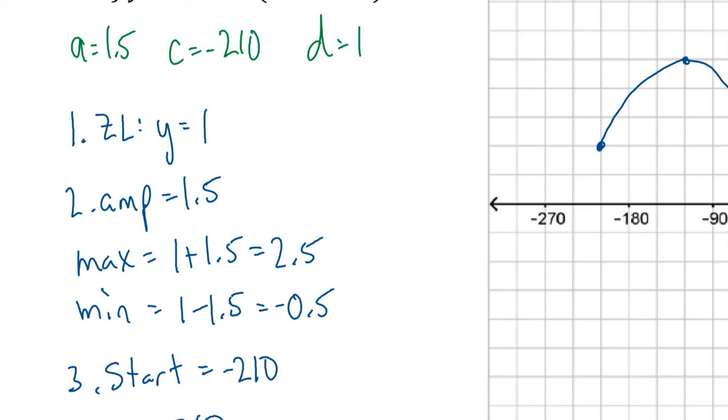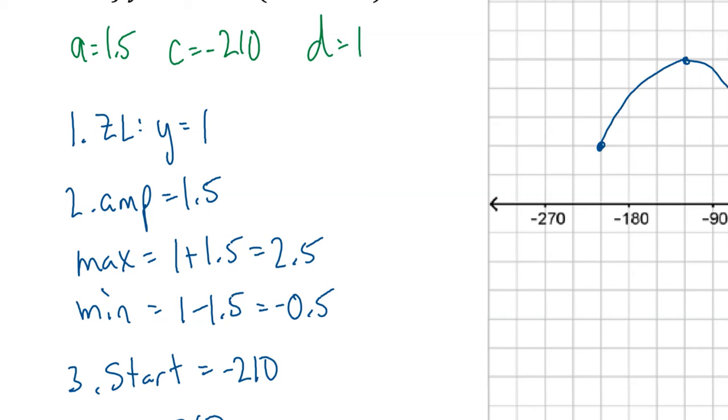And then this is the trick: it's the zero line plus the amplitude, the zero line minus the amplitude, right? And I just have to make sure I do the math right. I could see some people getting the wrong minimum, getting positive 0.5 or negative 1.5 or something like that. If you're trying to do it in your head, this is what I've said a few times: if you're doing integer math in your head and making mistakes, especially if you have decimals, maybe try your calculator because you don't want to make that mistake.